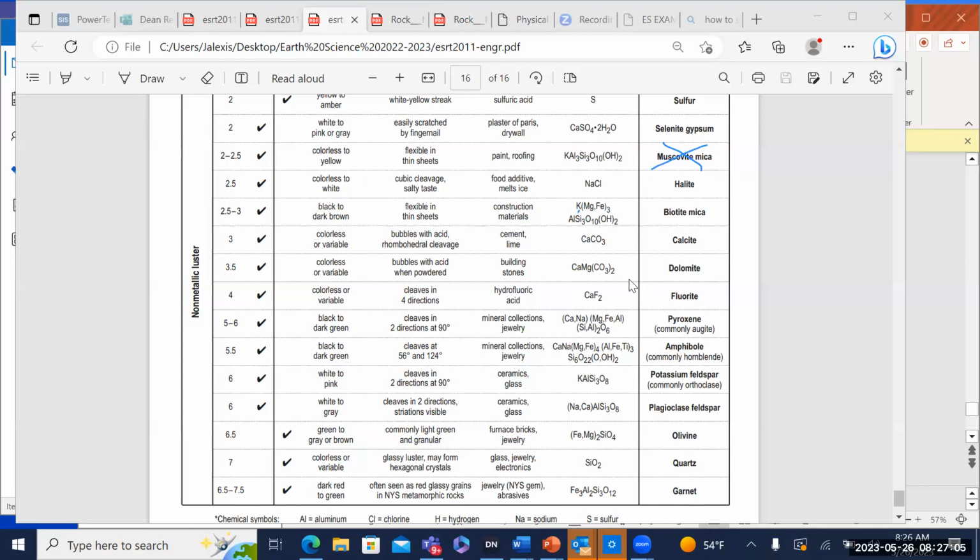Biotite mica, I see Mg and Fe, so that is fine. The other one, quartz: quartz does not have Fe and Mg, so it can't be quartz. Potassium feldspar doesn't have Fe or Mg, so it can't be that. Amphibole, I see Mg and Fe, so amphibole is a correct answer.